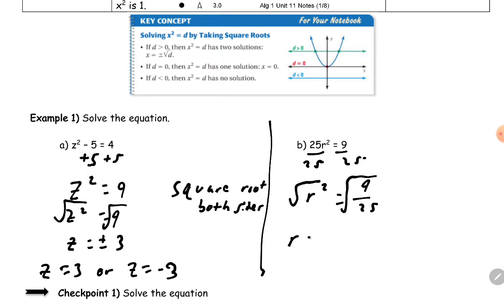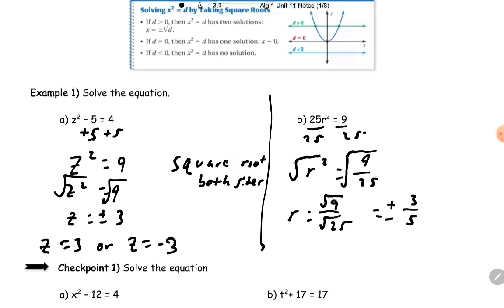We need to remember that if we square root a fraction, we are essentially square rooting the top and square rooting the bottom. So the square root of 9 is 3, and the square root of 25 is 5. And I'm going to get two answers, positive 3/5 or negative 3/5 is our answer.